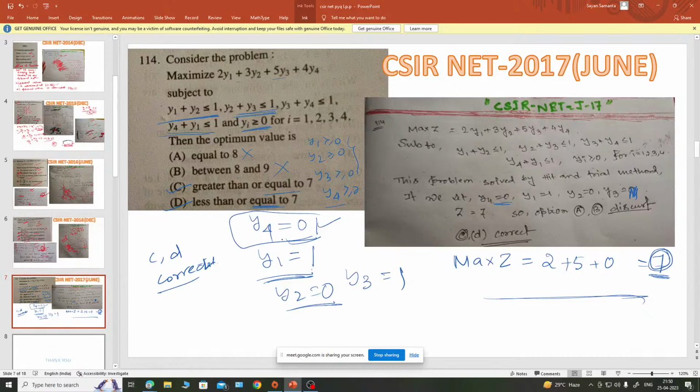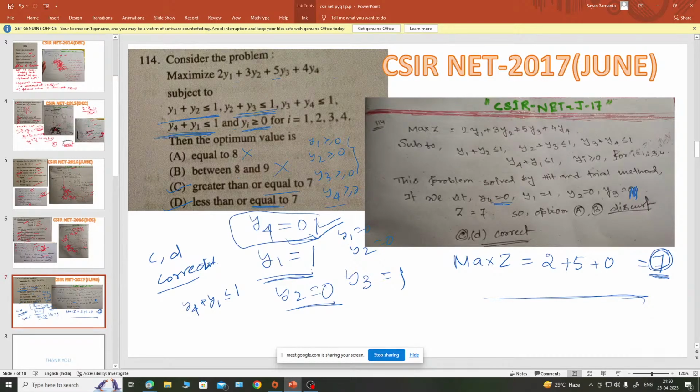So I just set y4 equals 0. It's your choice; you could also set y1 equals 0, or y2 equals 0. That is your choice. So y4 equals 0. Here the condition says y4 plus y1 is less than or equal to 1.